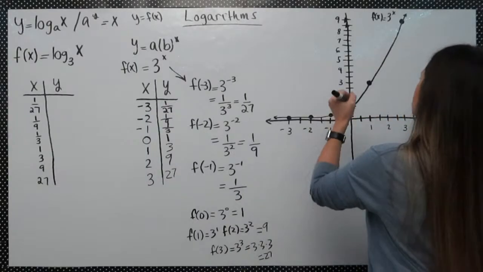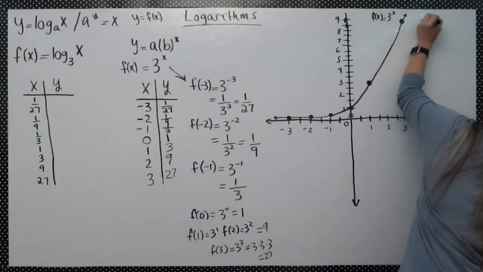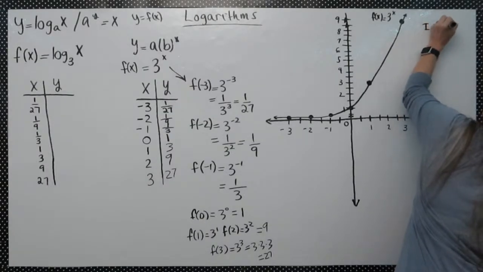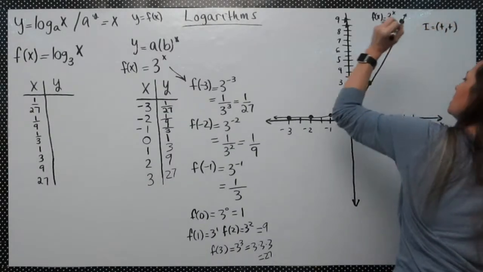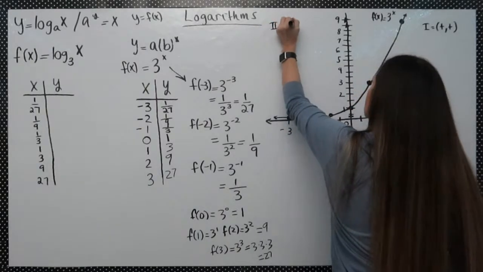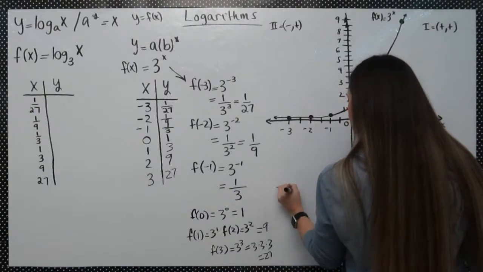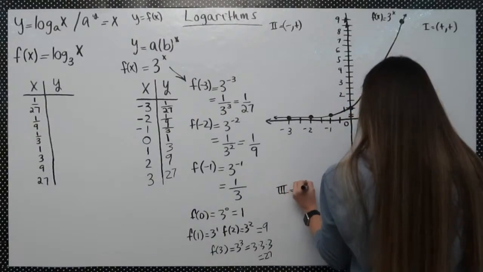So like I was talking about yesterday, and I put these quadrants up here. Quadrant 1, you've got x positive and y positive. And over here in quadrant 2, you have x negative and y is positive. And then quadrant 3, you've got them both negative.